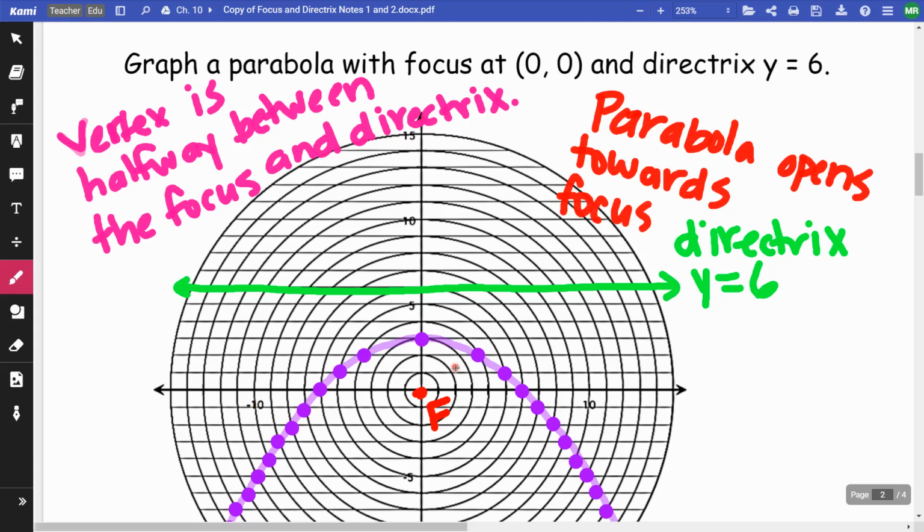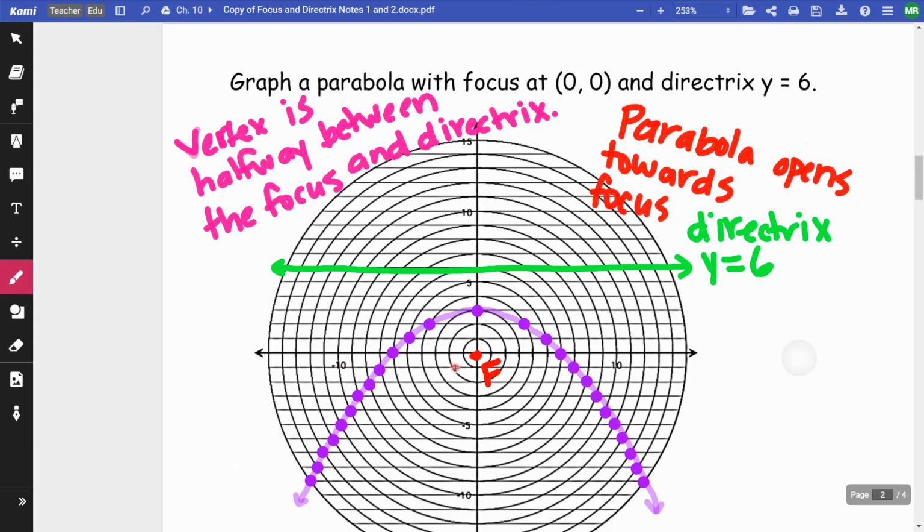Always, always. Those will both help us write the equation of our parabolas. Understanding that the vertex is always halfway between your focus and your directrix, and the parabola opens towards your focus. It's never going to go through your directrix. If you start drawing it towards your directrix, you're going the wrong direction.